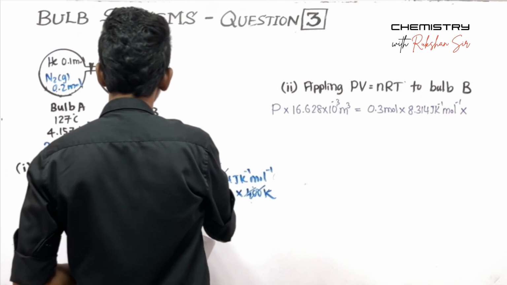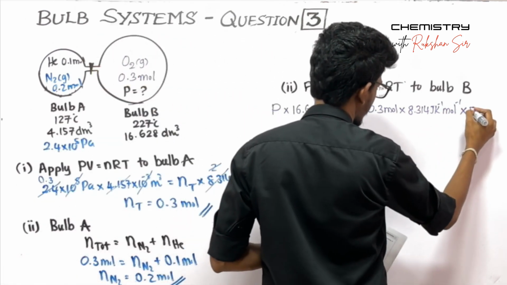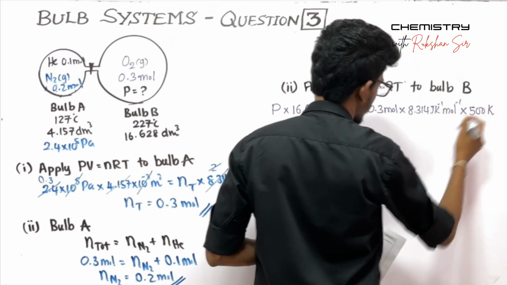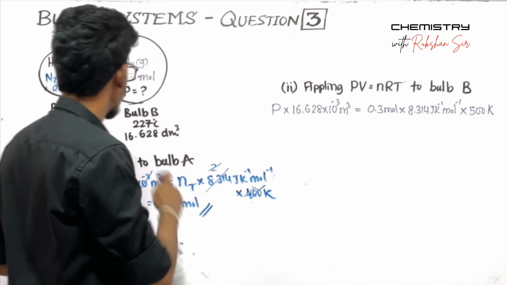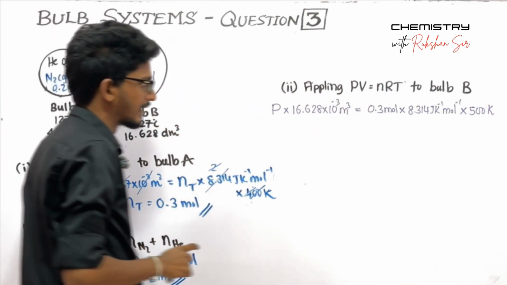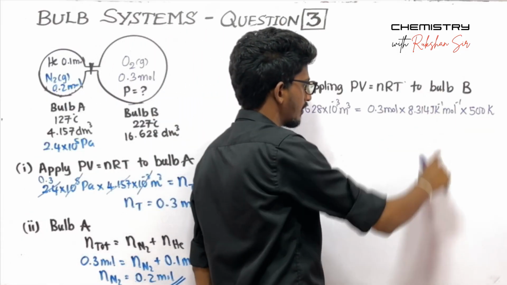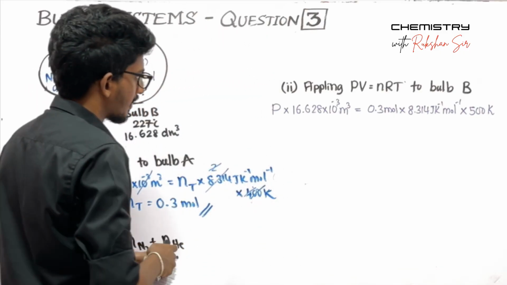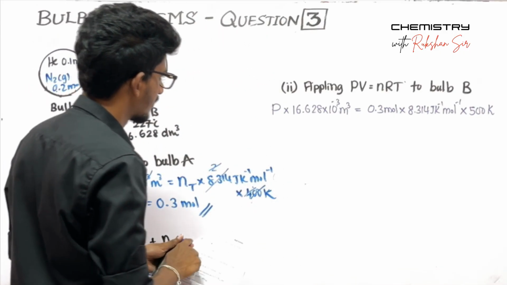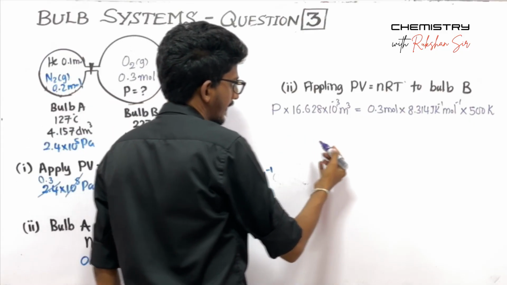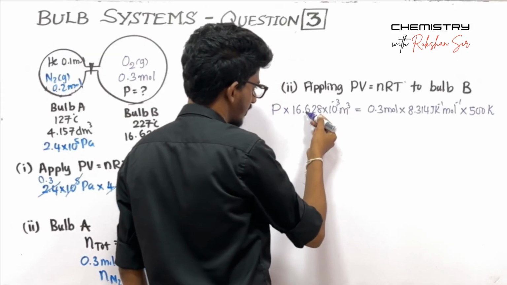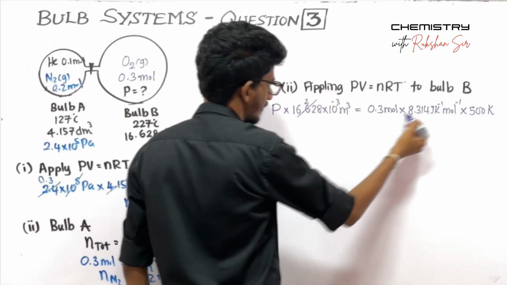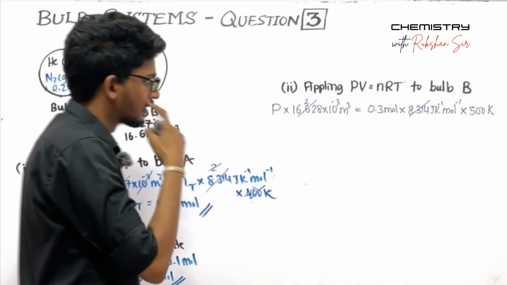T, the 227 means 500 Kelvin. So we need to add 273 to the Celsius value to come up with the Kelvin, right? So we need to apply the Kelvin values here, as those units are needed in applying PV = nRT, right? So let's simplify the stuff, right? 8.314 is half the value of this thing, right? So you have 2 here, 1 here, right?